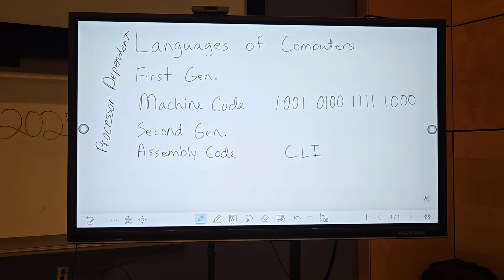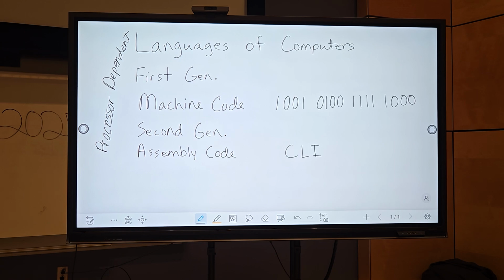So one instruction does one specific thing and nothing else. It does one very small thing, whether it's loading a value from memory into a register, jumping to another part of the program, whatever.